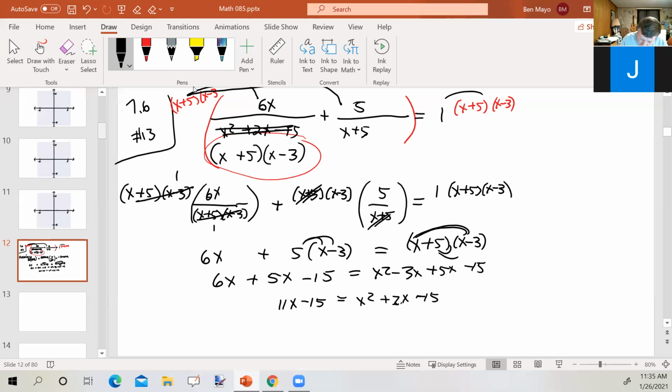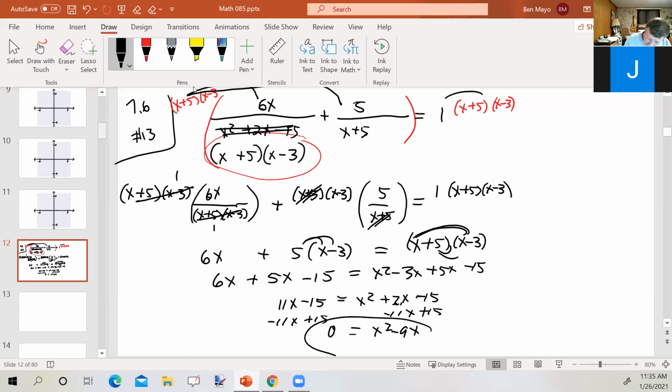Now what I have there is a second degree equation, so to solve it, I'm going to set it equal to 0. I'm going to put everything on the right side so my leading coefficient will be positive. So I'm going to subtract 11x and add 15. So I get 0 equals x squared minus 9x.